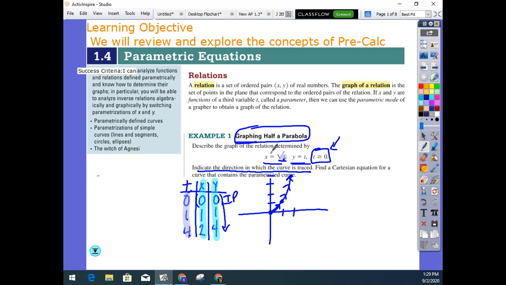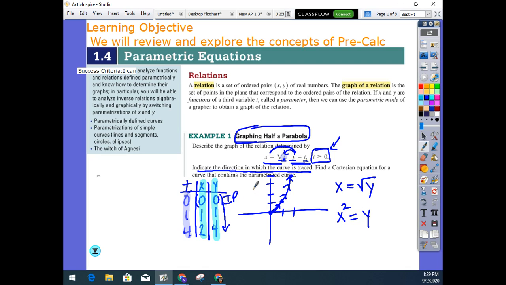Our goal is to substitute back and forth here so that I only have x and y. Now notice since y equals t, I can just replace t with y over here. So that is one option. We can use x equals the square root of y. Now think about if I square both sides, you'd get x squared equals y.